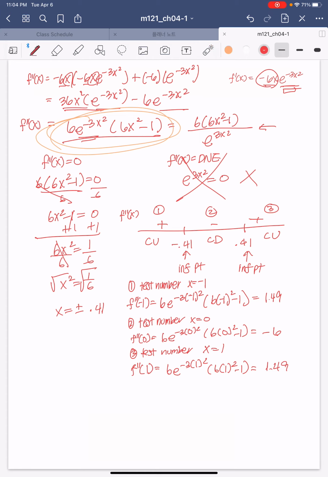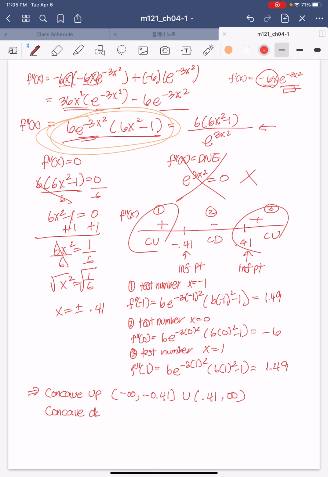Okay, so let's write it over here. We have concave up in two regions, right over here and right over here: negative infinity to negative 0.41, union with positive 0.41 to infinity.